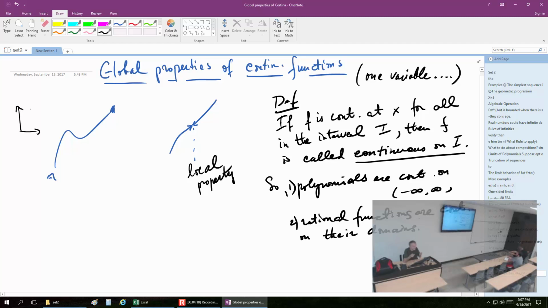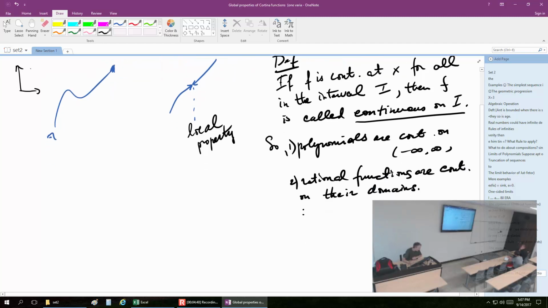So the domain of rational functions is where your denominator is not equal to 0, so you don't end up dividing by 0. Elsewhere, everything is really fine because the function is continuous. So you can certainly continue this way, but what are the conclusions that we can draw about these facts?